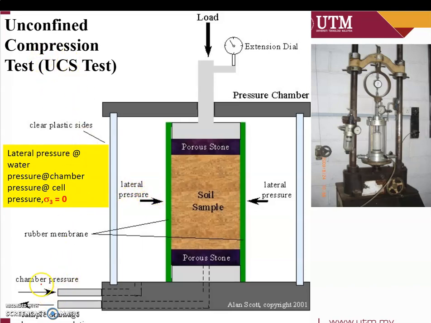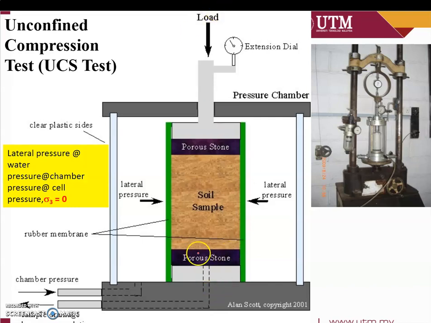We have a place to increase the chamber pressure, usually using water. But in the UCS test, we don't need to insert any water inside the chamber. We just let the pressure chamber be void, not filled by water pressure or chamber pressure.